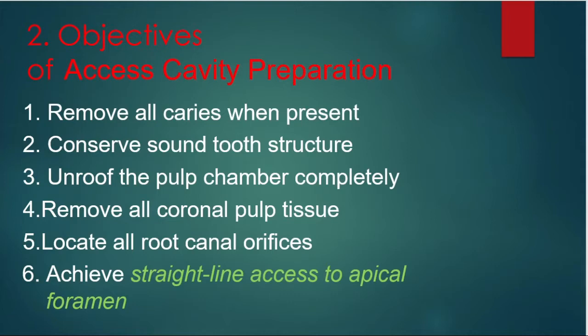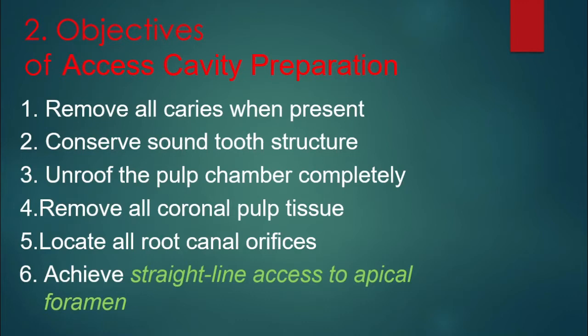Number 4, we also have to remove all the coronal pulpal tissue, whether it's vital or necrotic. Number 5, we have to locate all root canal orifices. And finally, number 6, we should provide a straight line access to the apical foramen, or at least to the first curvature in case of double curved canals.